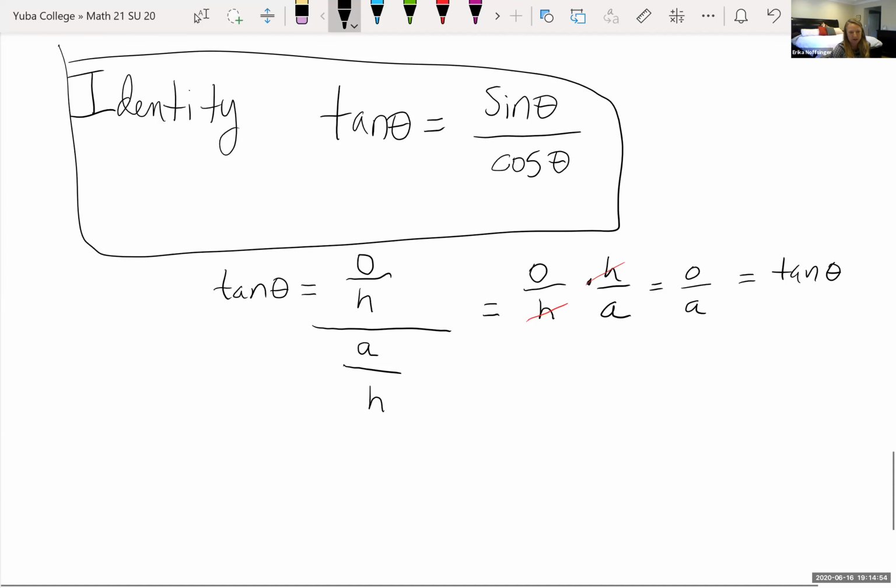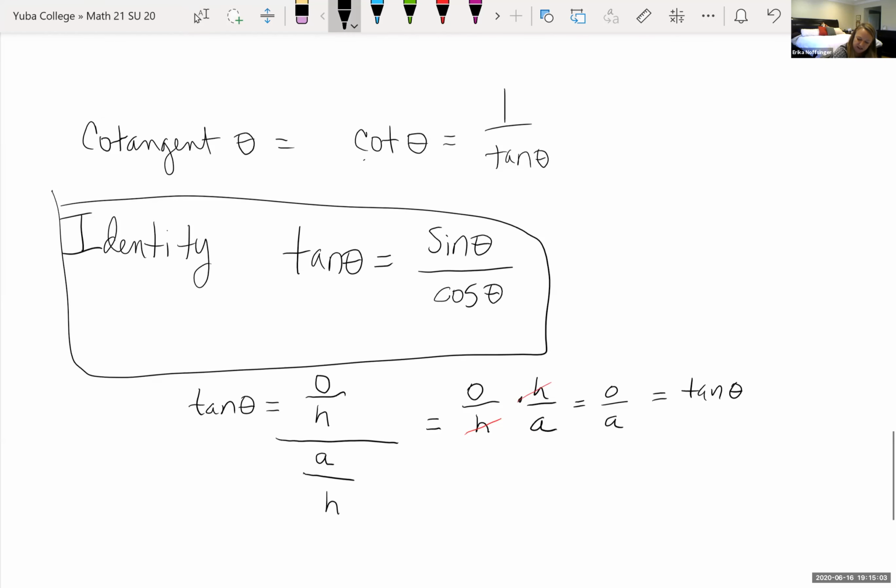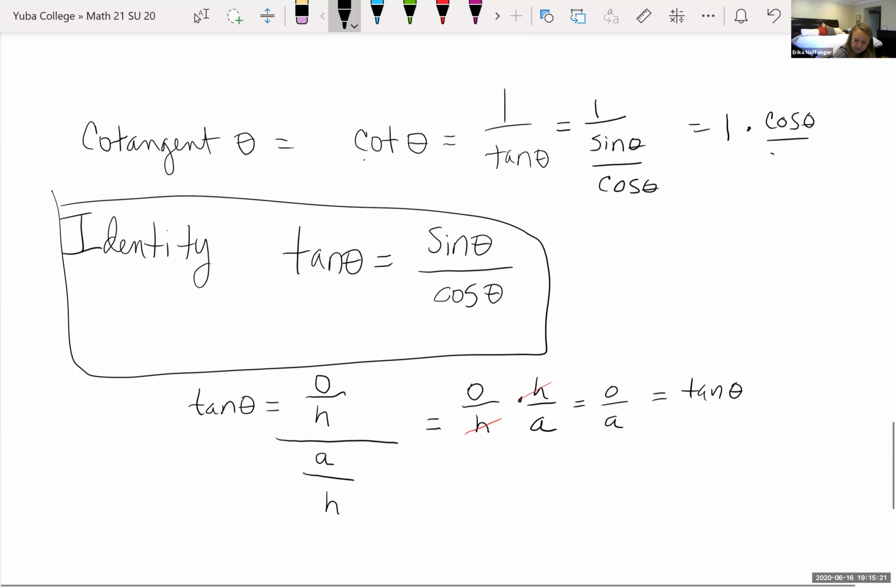So we proved that tangent theta is definitely sine theta over cosine theta, which means that cotangent theta, if we wrote this as 1 over sine theta over cosine theta, and we invert and multiply, so 1 times cosine theta over sine theta, which is cosine theta over sine theta.